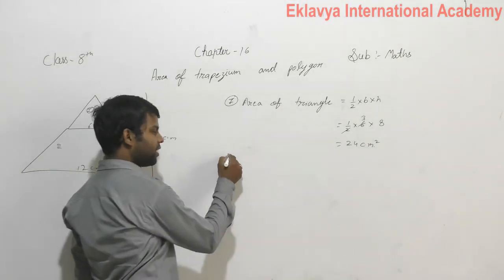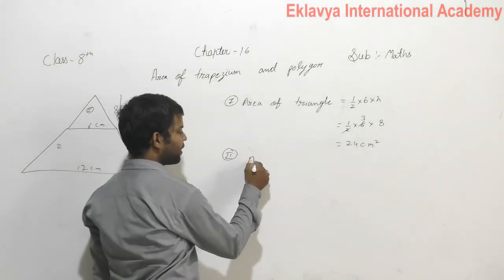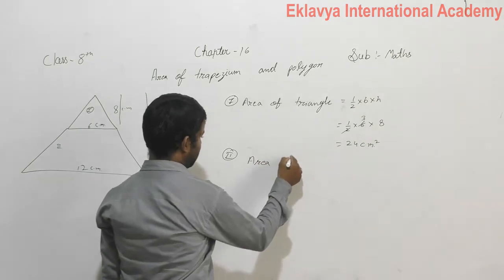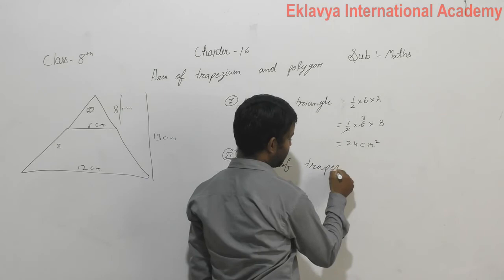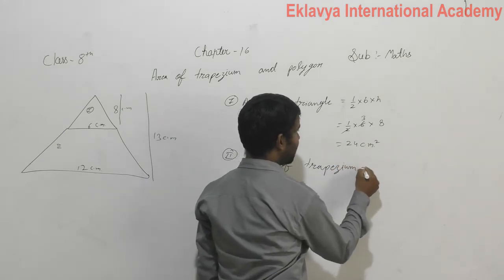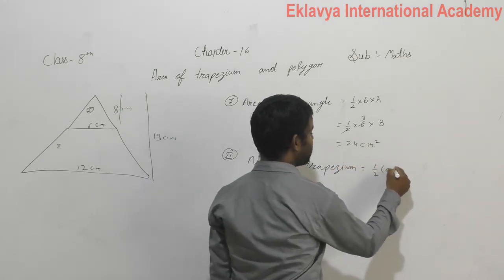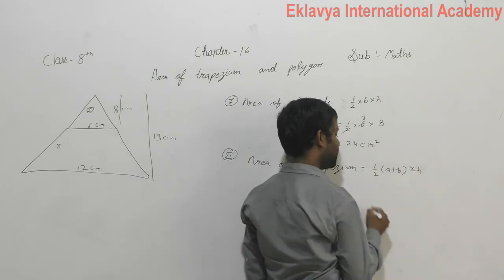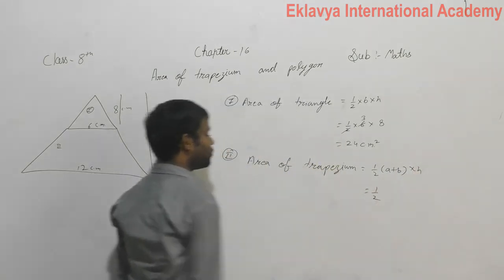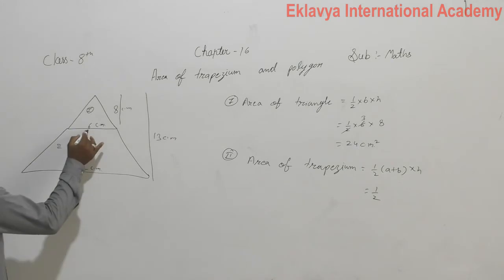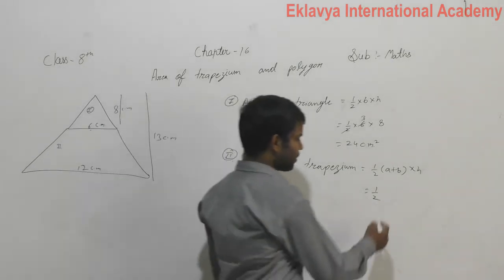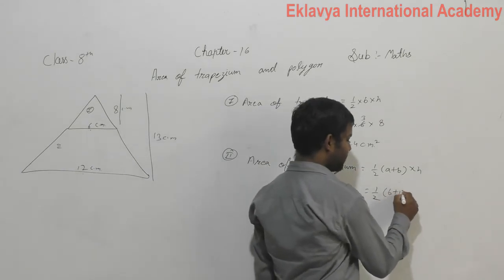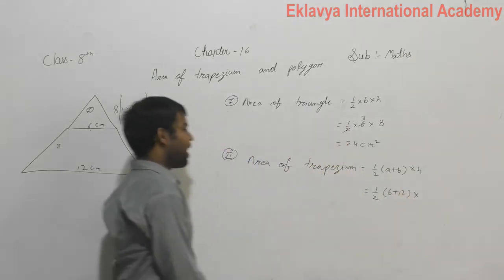Now we want to find area of second part, area of trapezium: half multiplied by sum of parallel sides multiplied by height. In this, the parallel sides are 6 and 12, multiplied by height.